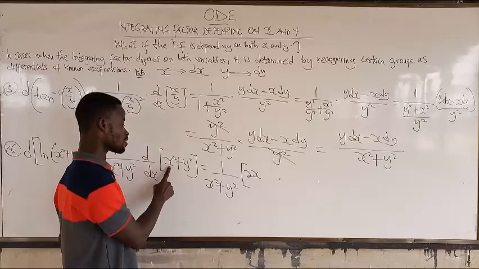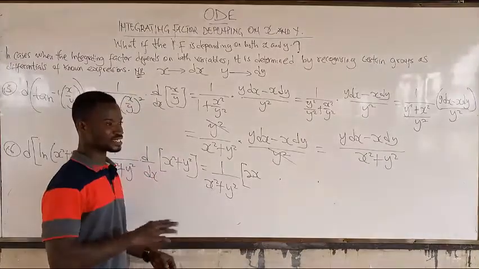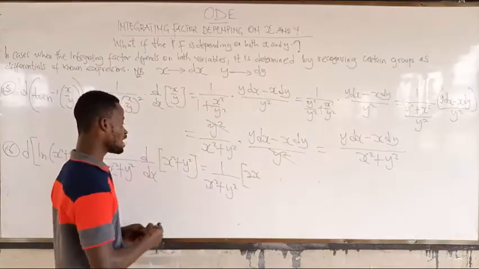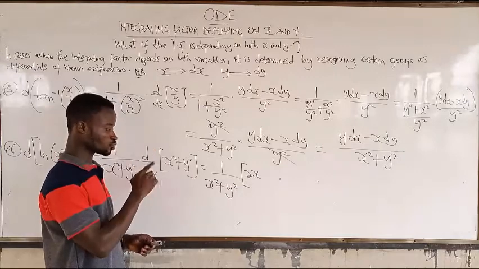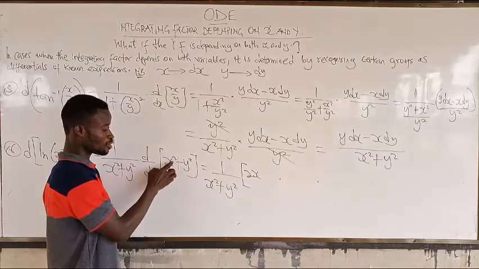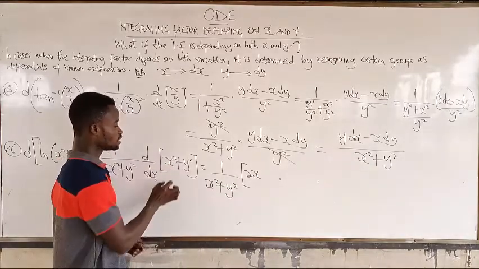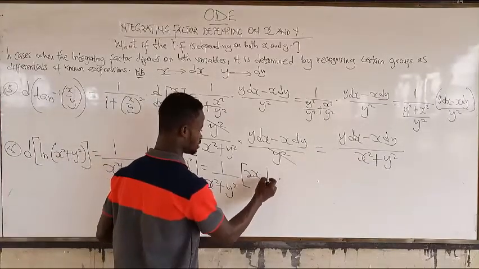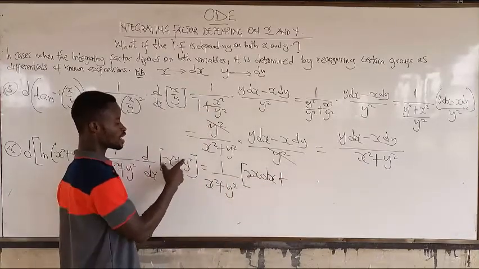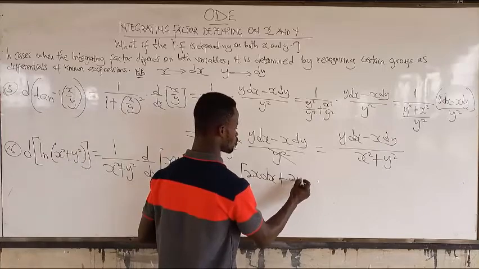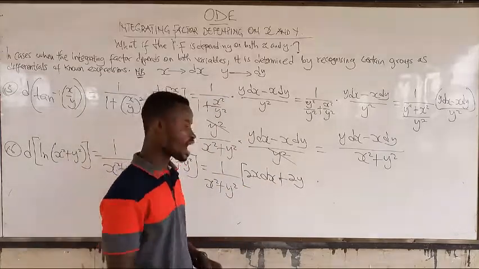But here it's a general problem. Multiply this by this, you get 2x, differentiate the inside, which is dx. Plus here, multiply this by this, you get 2y, then differentiate the y, you get dy.